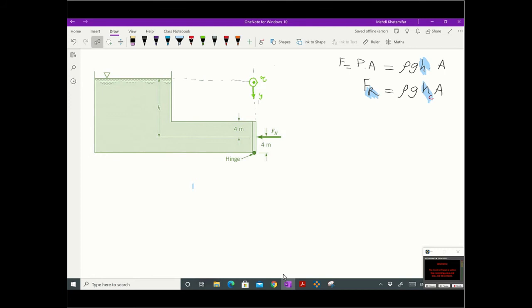Y bar, which you just calculated, is from the surface from here. So this is y bar. Now I need this distance, because as you wrote here, Fr times yn. Yn must be equal Fh times 4. How we can get y? We have this one, we're looking for this.